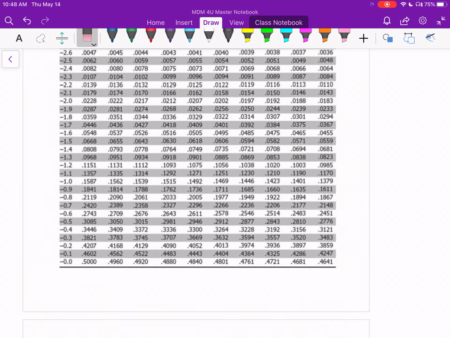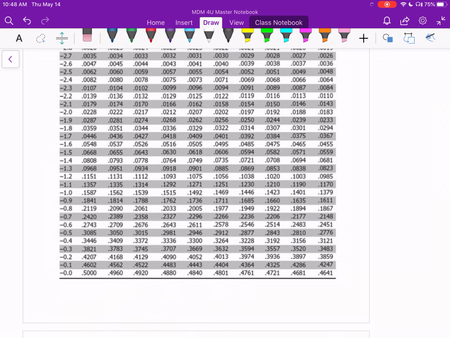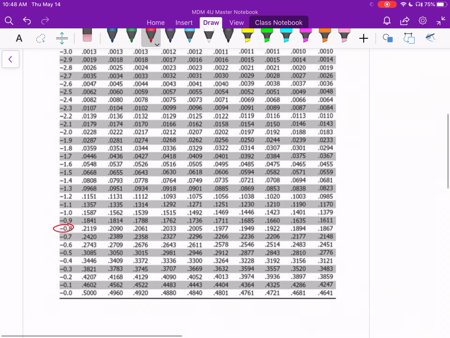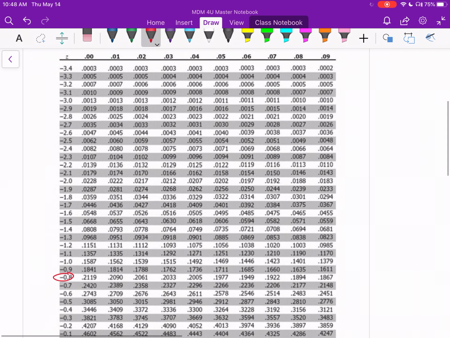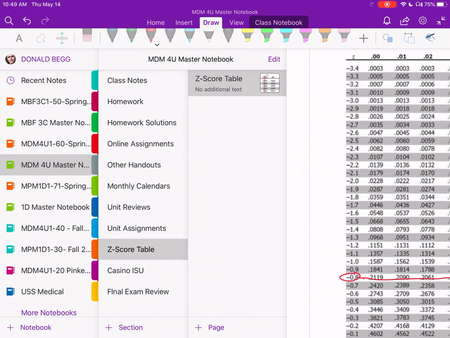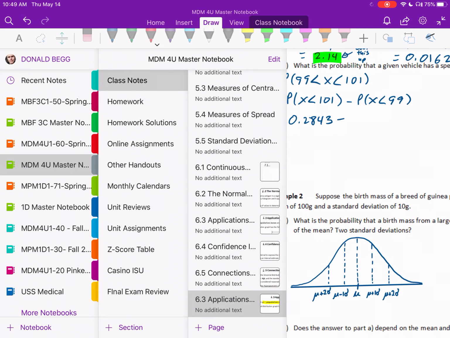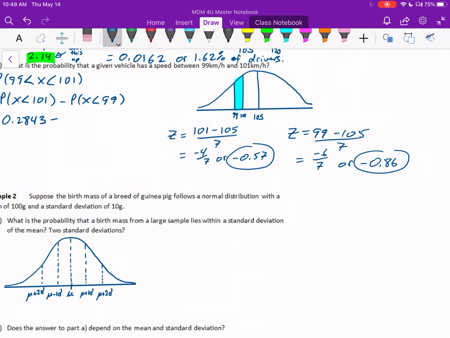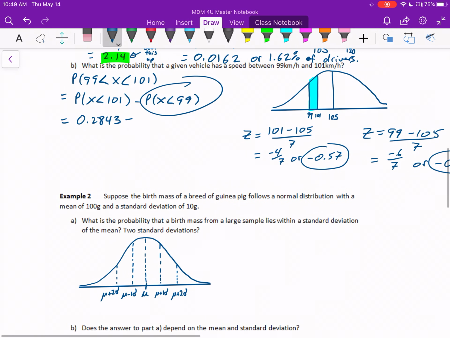Negative 0.8 is here, and then 6 is here. So we are looking at 0.1949 as the intersection of those two. And that's the one that I'm going to put in for this.